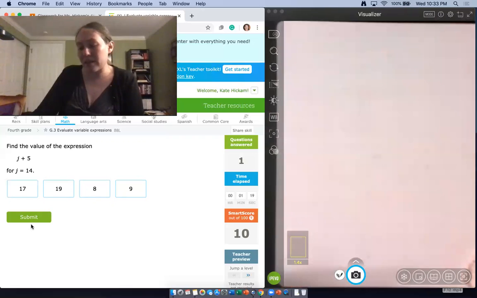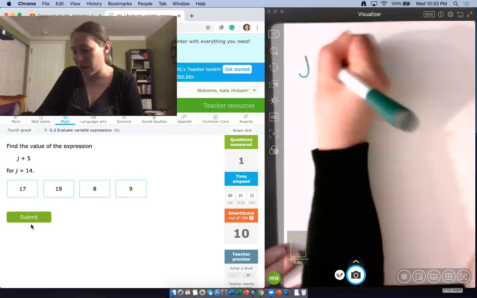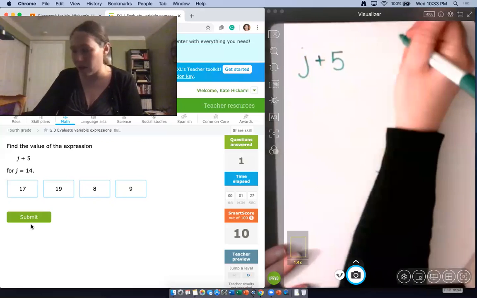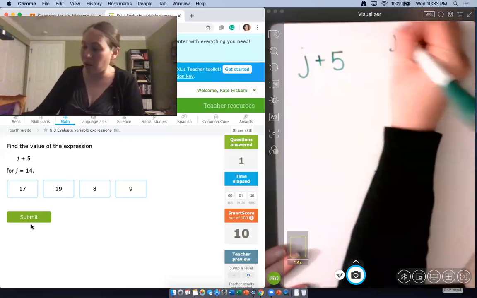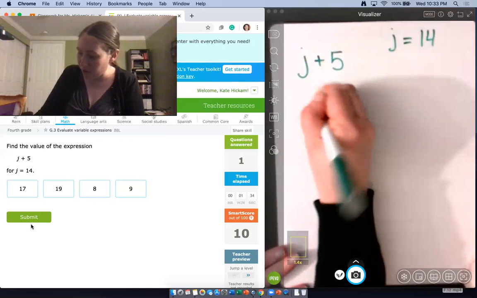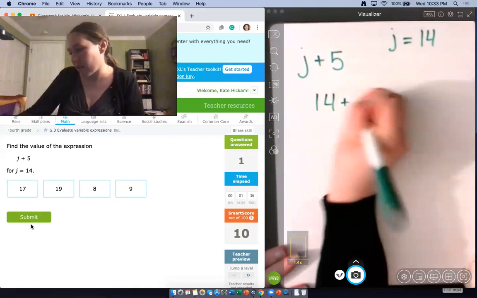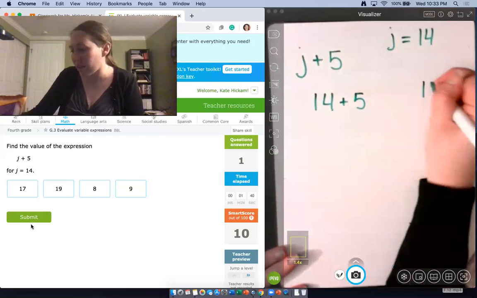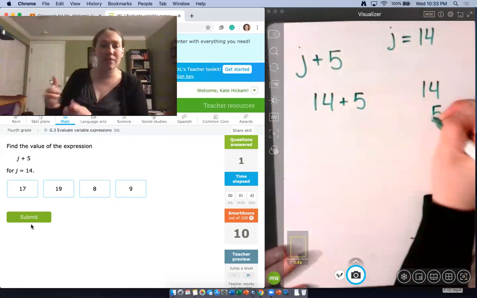This one says j plus 5, and they give you what j is. J equals 14. So all it's saying is 14 plus 5. I know that 14 plus 5 is 19.